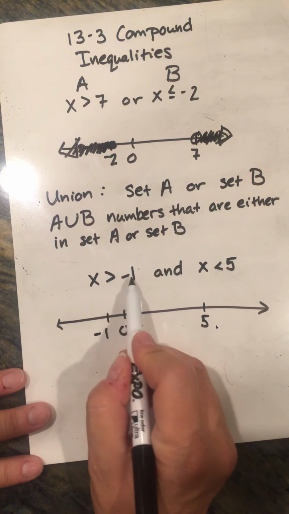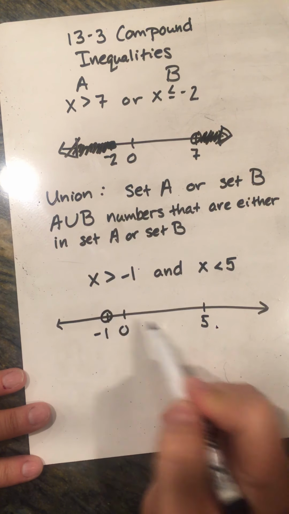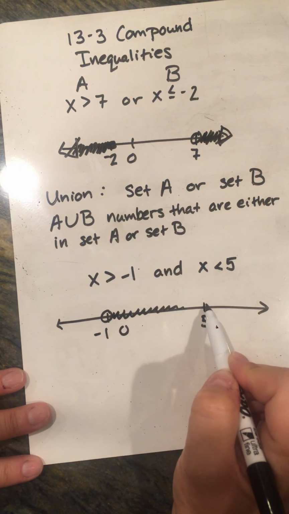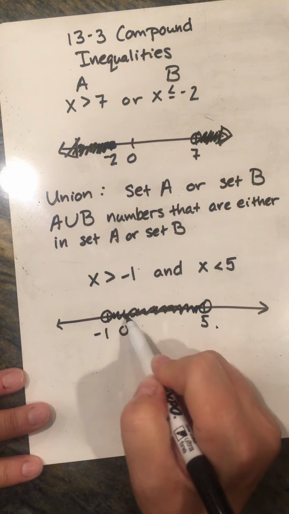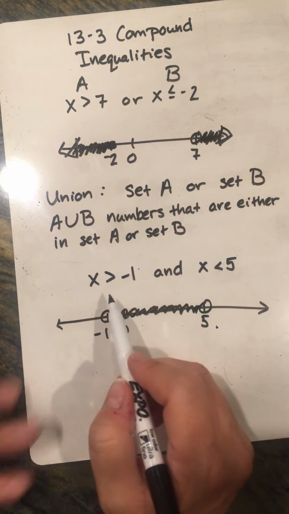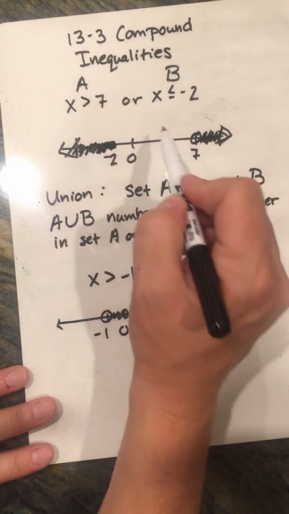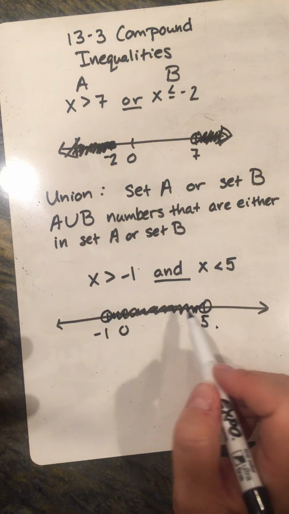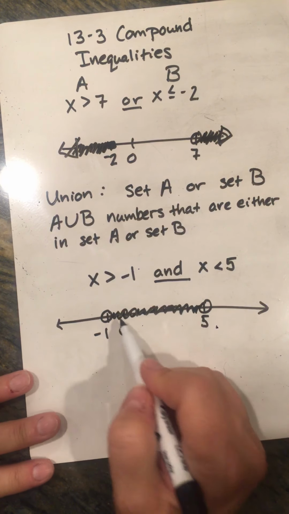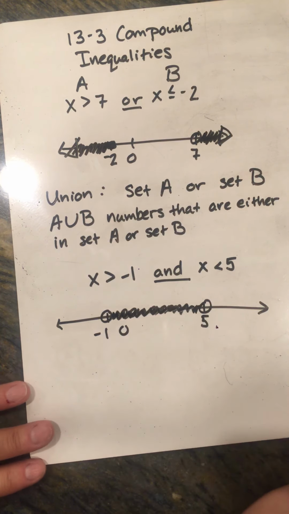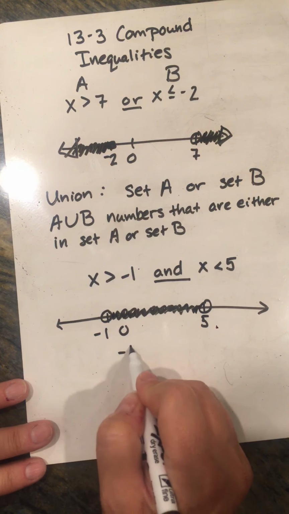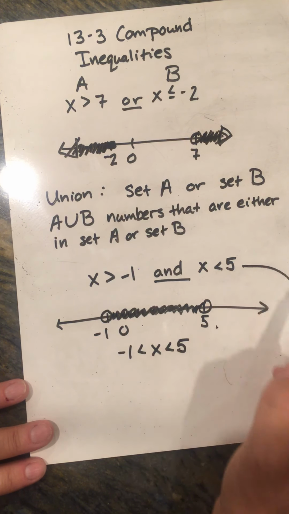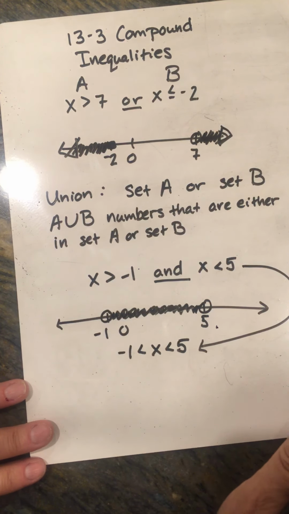So x is greater than -1, open, off this direction, and x is less than 5, so going this direction. So we have some overlap. So notice we're using the word and versus the word or. So we're looking at where do these two sets overlap? And they overlap between -1 and 5. We could even write it as -1 is less than x is less than 5. So you can convert this to look like this, and it means the same thing.